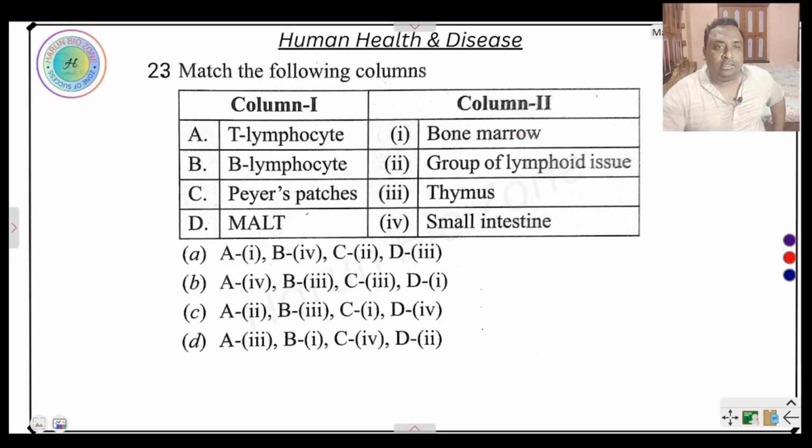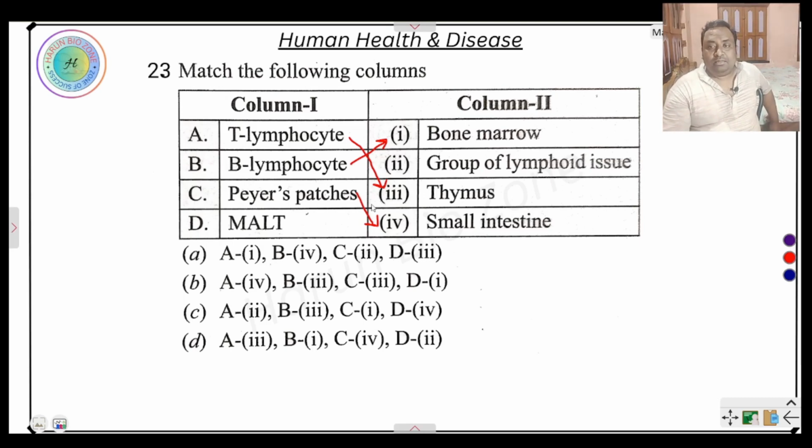Next question is about T lymphocyte. The T lymphocytes are produced in bone marrow but mature in the thymus. B lymphocytes are produced and mature in bone marrow. Peyer's patches are groups of lymphocytes in the small intestine. In the small intestine, Peyer's patches are one type of tissue that trap the microorganisms from the food and transfer them to the natural T lymphocyte and B lymphocyte.